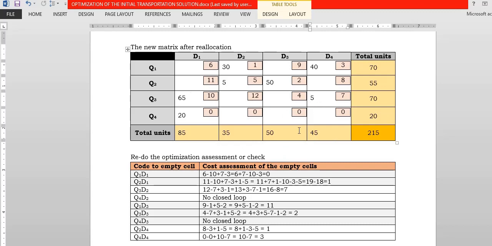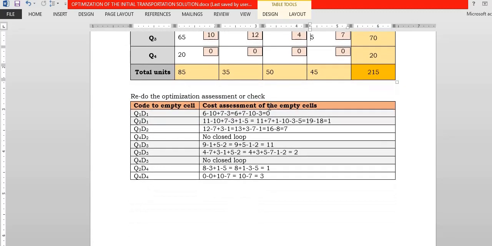Now, based on this, we can go ahead and compute our total transportation costs and even compare it with our original initial solution that we had before we did this optimization, and check whether indeed our costs have reduced as a result of this reallocation.